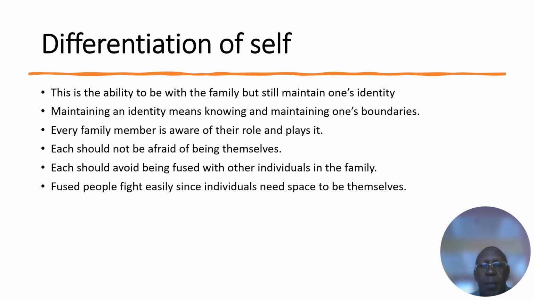Because what Bowen noted, and we also note, is that fused people fight easily since individuals need space to be themselves. Differentiation of self is about my space versus the space of those others. How do I allow those others into my personal space?